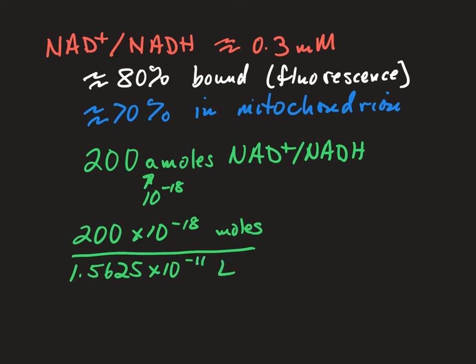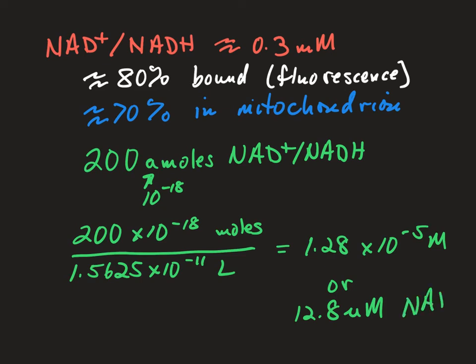And so you get a concentration of about 1.28 times 10 to the minus 5 molar, or about 12.8 micromolar. So in an average cell, there's about 12.8 micromolar of the forms of NAD and NADH.